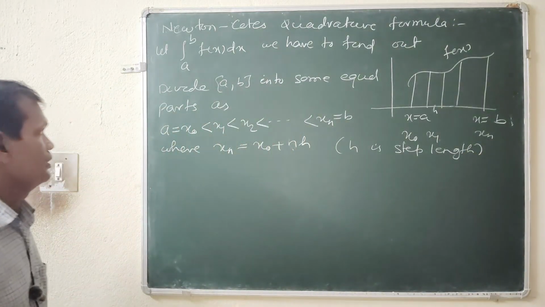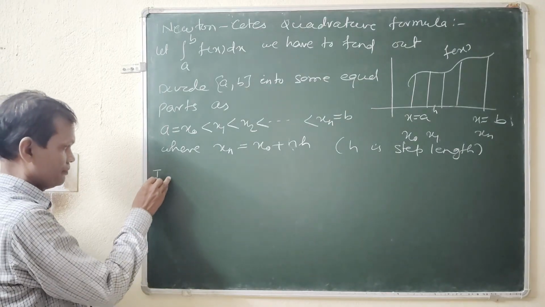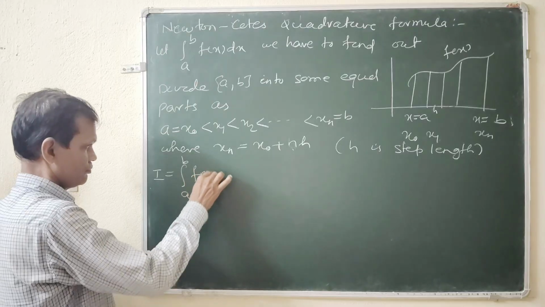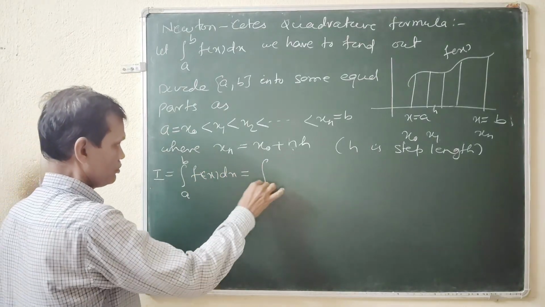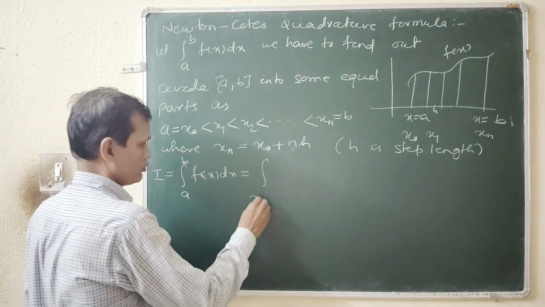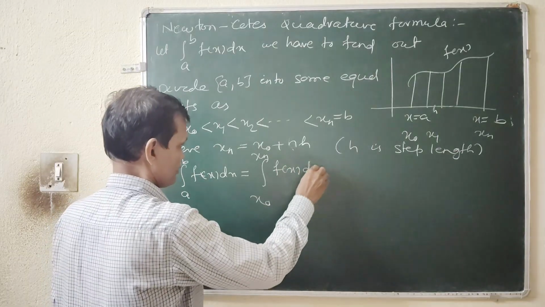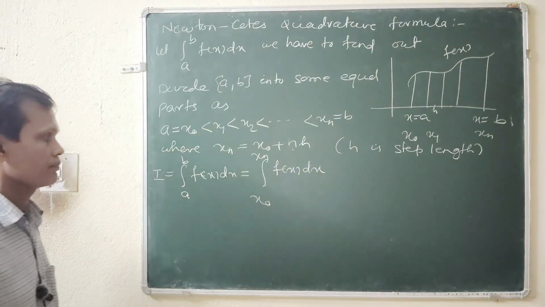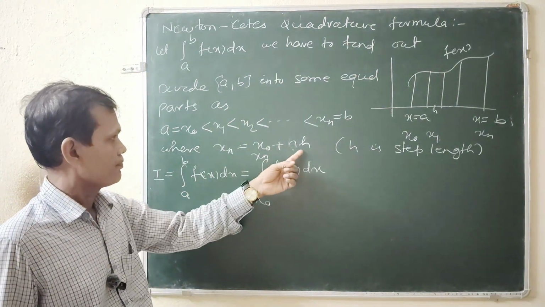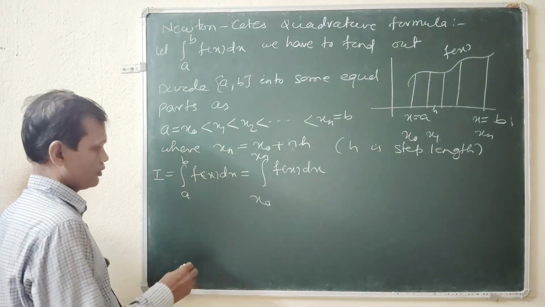Now that integral can be written as I is equal to integration a to b f(x) dx, where a is x0 and b is xn. We can write integration x0 to xn f(x) dx. Now we change this with another variable r, like in Newton's forward difference.